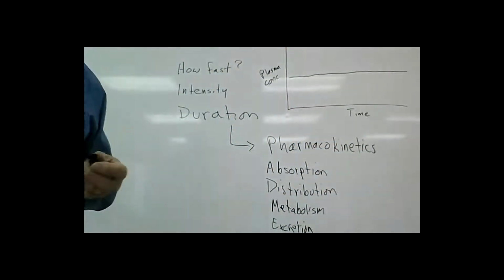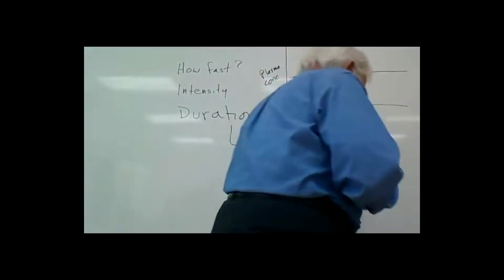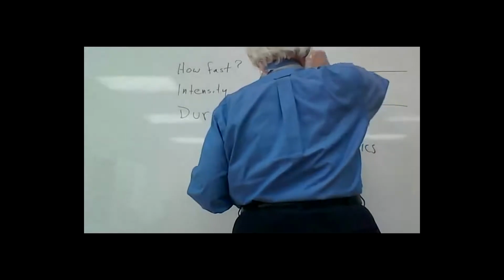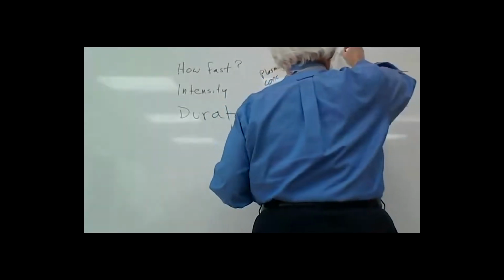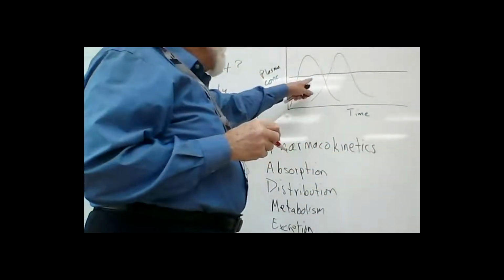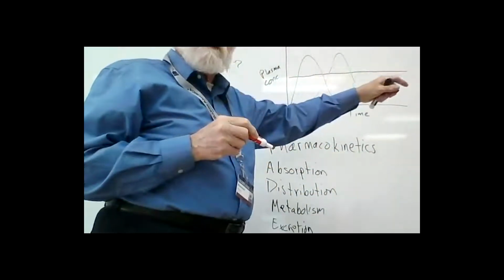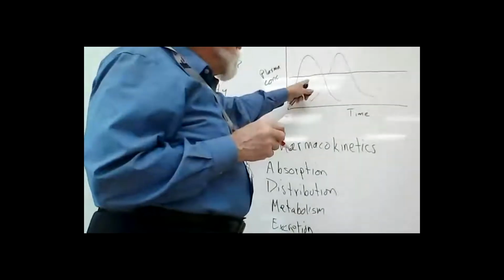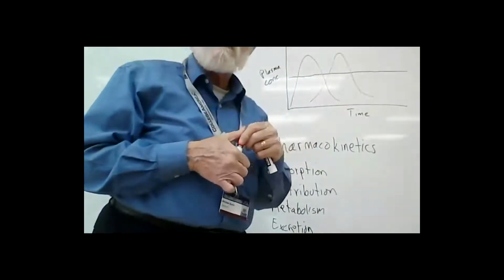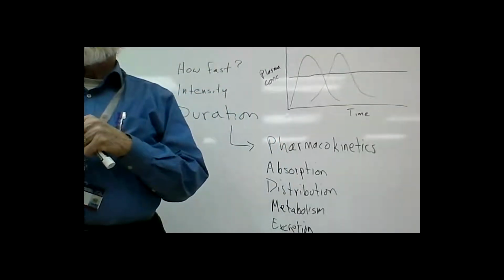In fact, since we have this peak plasma, etc., and we have changes in concentration over time, we dose so that the average concentration is where we need it. And that's all determined in clinical trials.